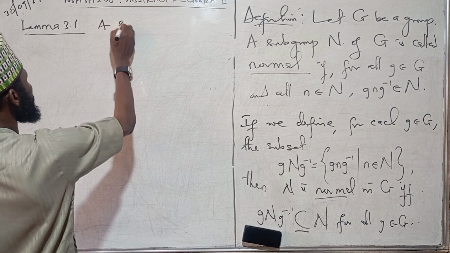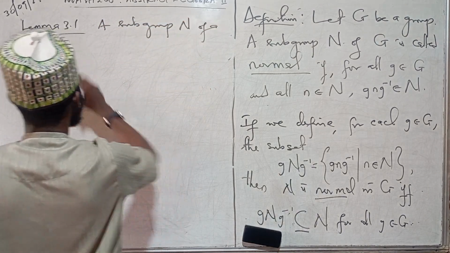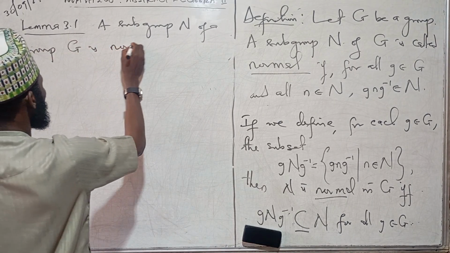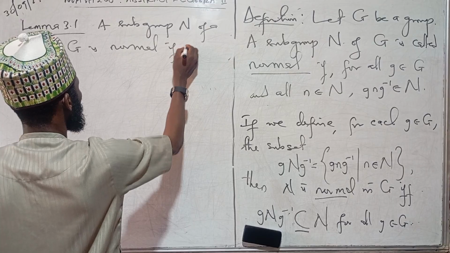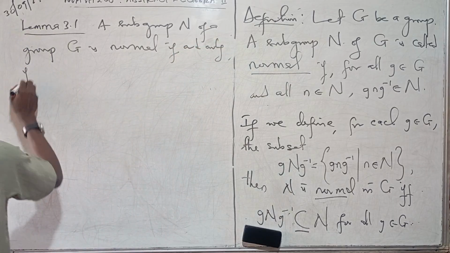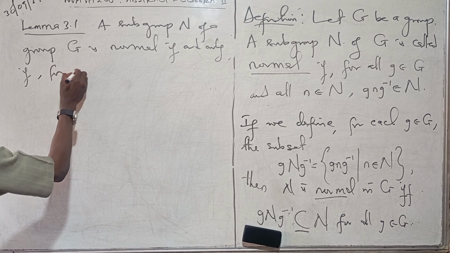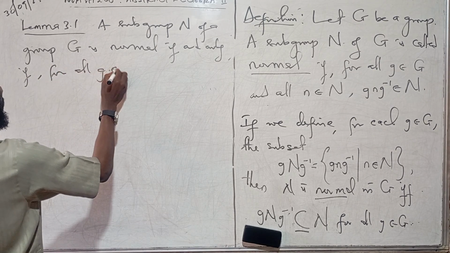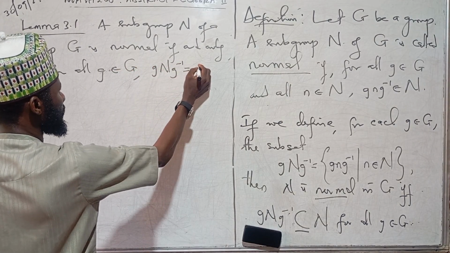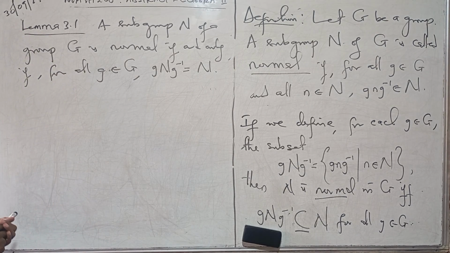A subgroup N of a group G is normal if and only if, for all g in G, gNg inverse is equal to N.